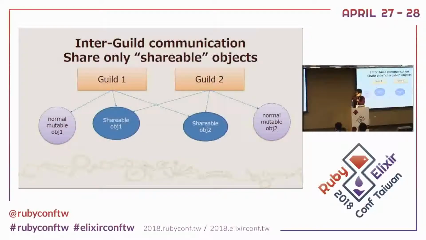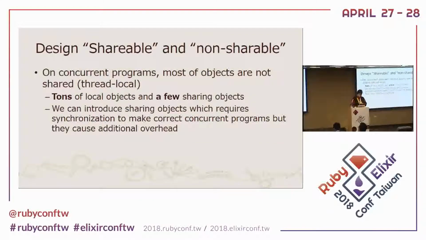And we need to define what a shareable object is and what a non-shareable object is. The basic idea is that, observing concurrent programs, most objects are not shared objects.